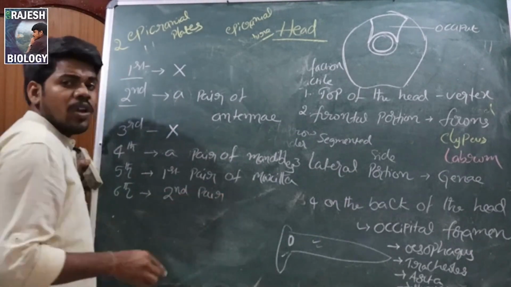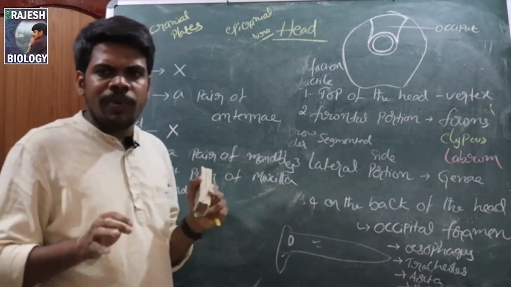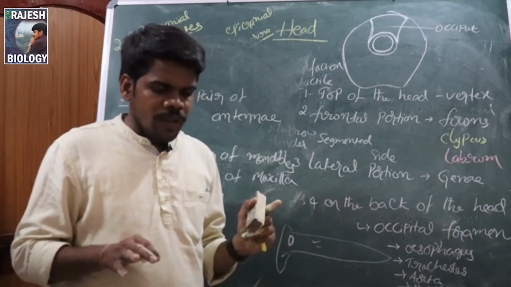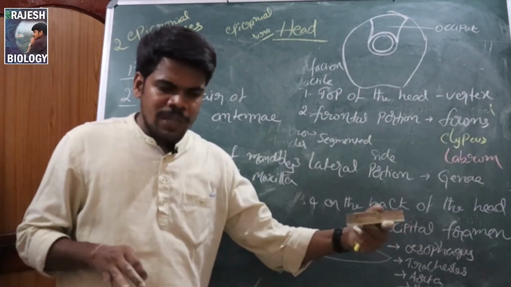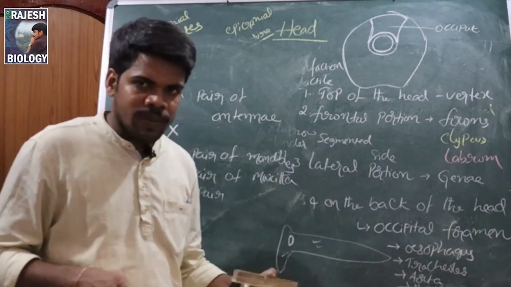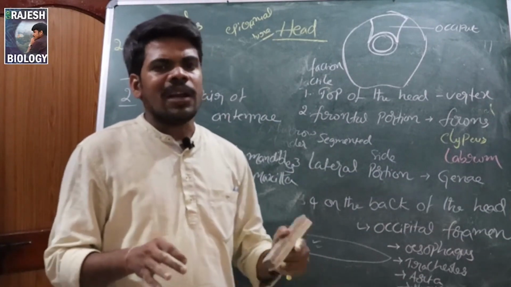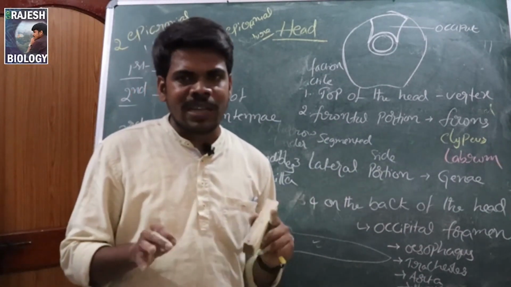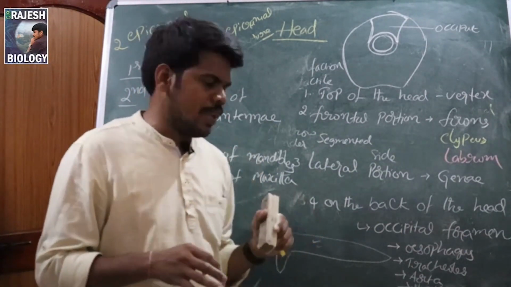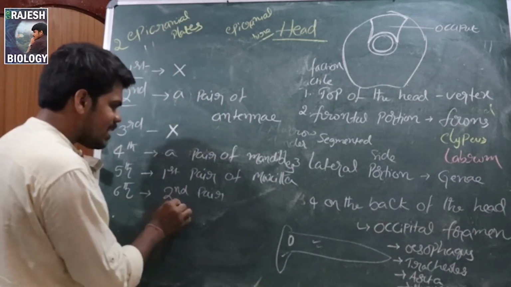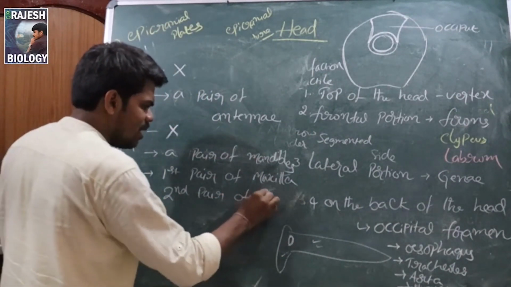You will get complete information and a complete idea about the maxilla in the next class, when we discuss the mouth parts: what is maxilla, the structure of maxilla, everything. So simply remember the second pair of maxilla.